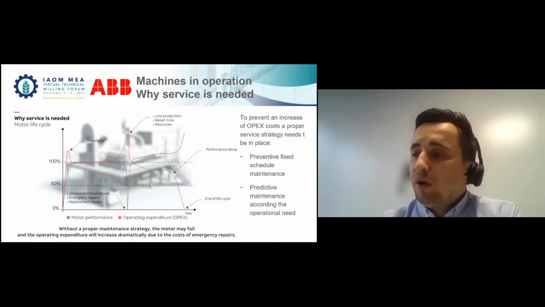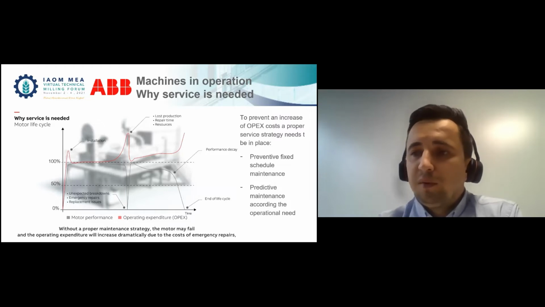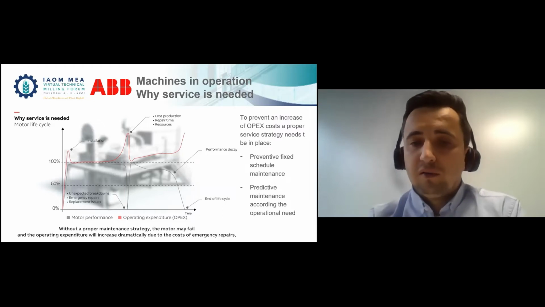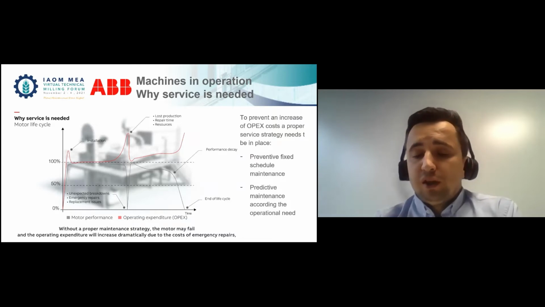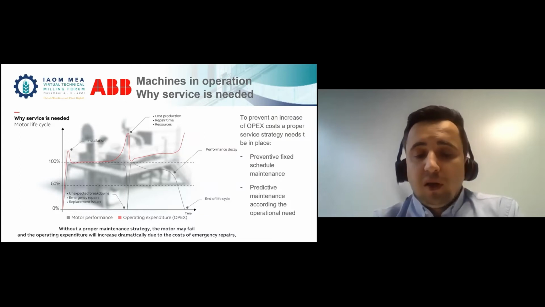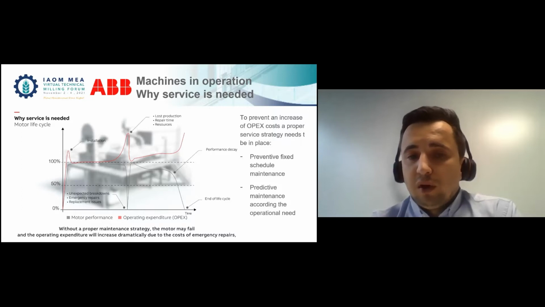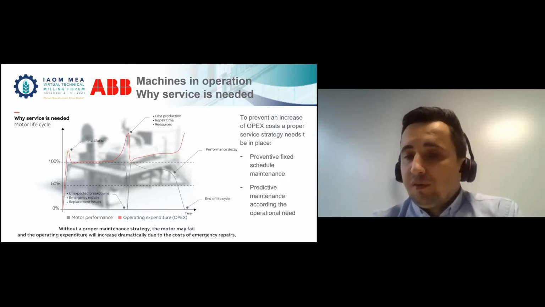As an example, if you have a motor which is running at very high speed, you have to change and adapt your lubrication intervals. And lubrication is exactly also a topic. If you are speaking about lubrication, we had a nice presentation this morning about this topic, and ABB is using Synth.